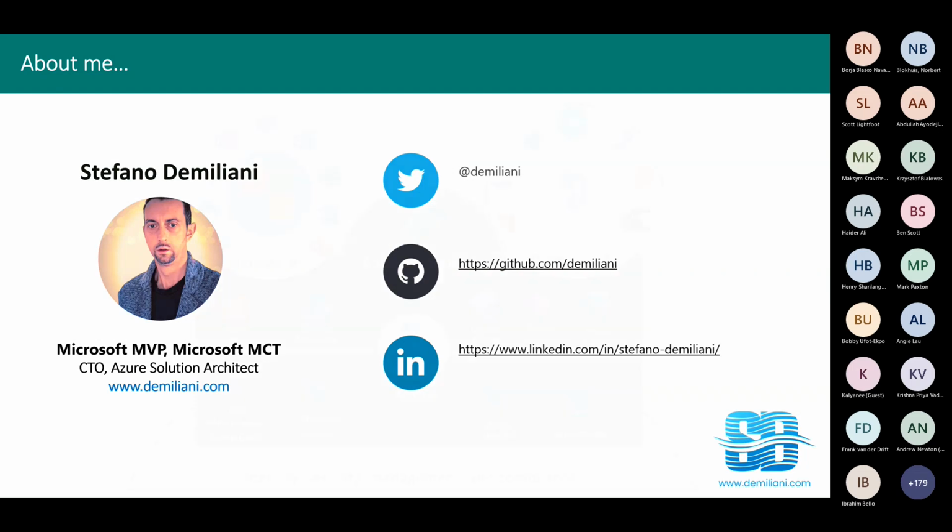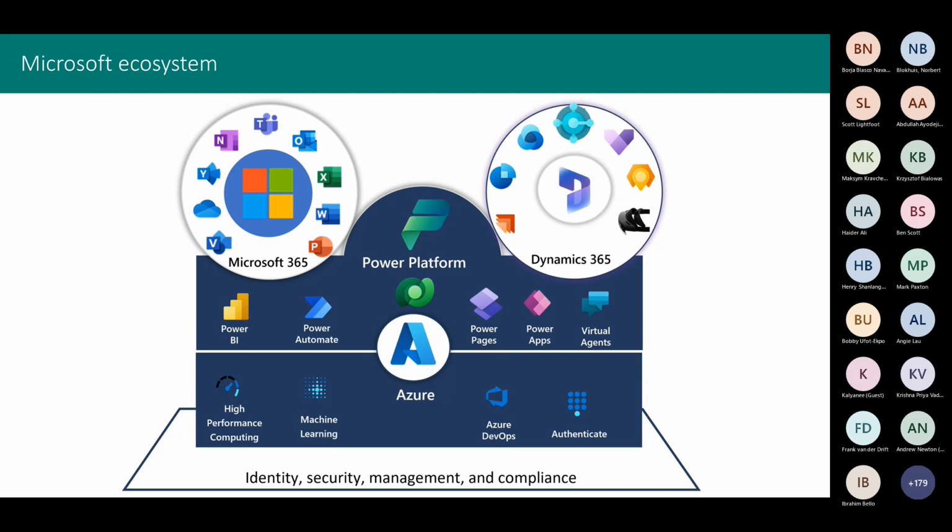So I want to start with this schema. Why is this schema important? Because normally in Business Central projects, we usually see this piece of the architecture, the ERP box.